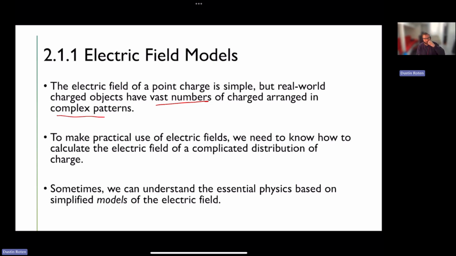So it's a really complex thing to try and tackle with just Coulomb's law, trying to add up billions and billions of individual interactions. So to do this more practically, what we can do is calculate the electric field of a complicated distribution of charge. And we can do that by making some simplified assumptions and simplified models of the electric field.